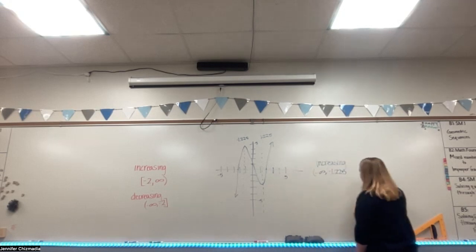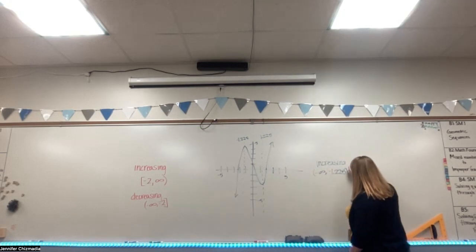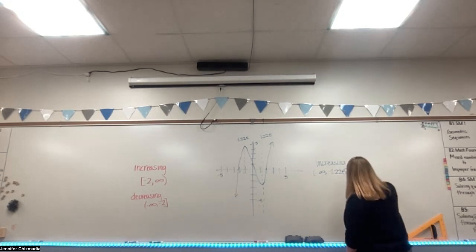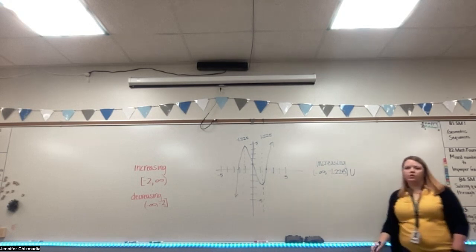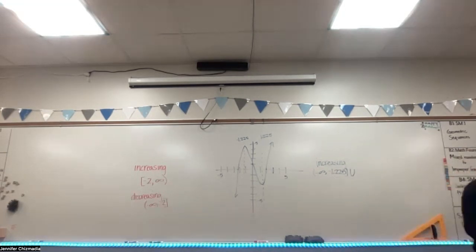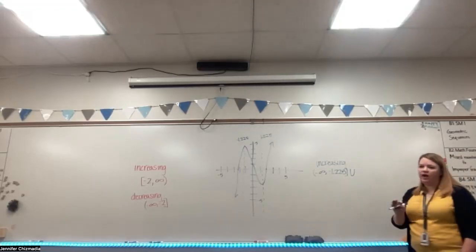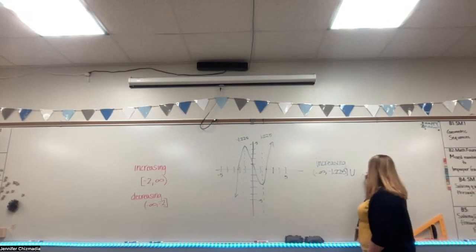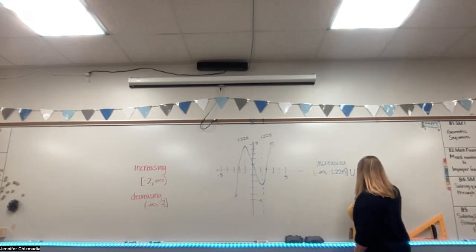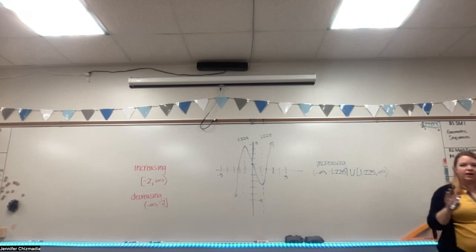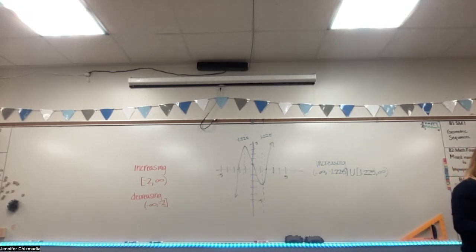No. Are we including the negative 1.225? No. Okay, and then we draw a U, only it doesn't have its tail. This means union, or and. So it increases from negative infinity to negative 1.225 and from 1.225 to infinity. We just use this U to indicate that there's more than one place where it does it. You okay with that?